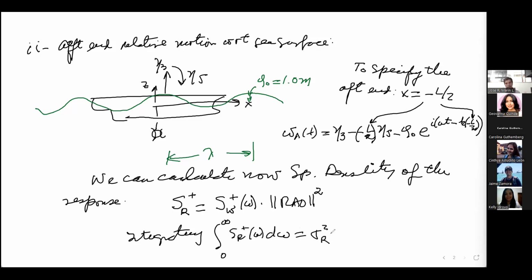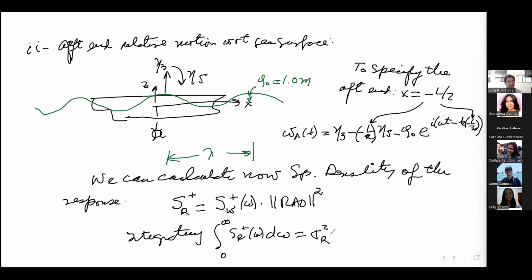Now, what we are going to assume is that the maxima, the amplitudes of this motion, could be expressed statistically with the Rayleigh PDF. So with that, we could evaluate the probability that we exceed certain values.